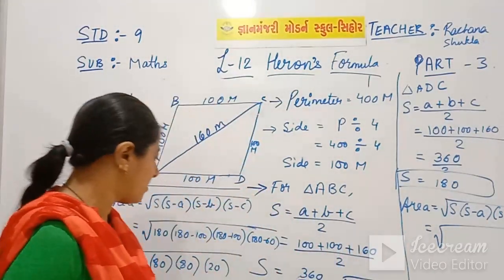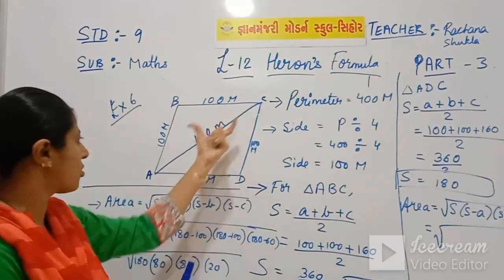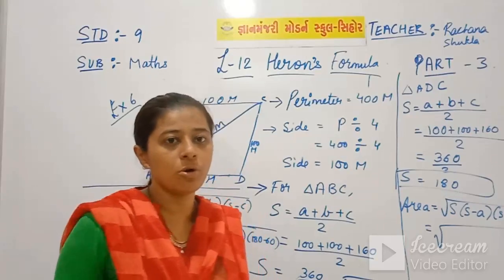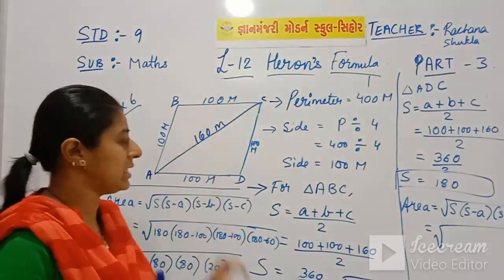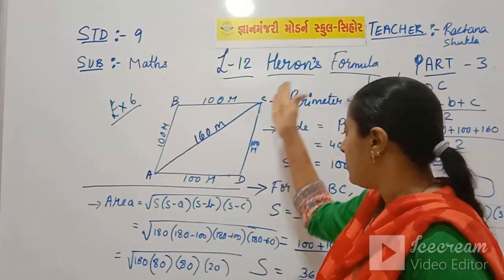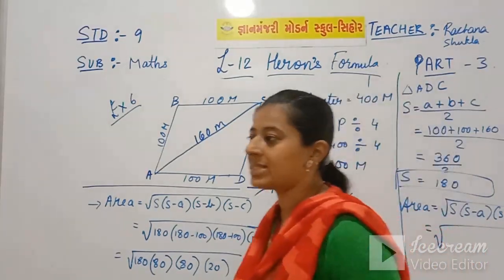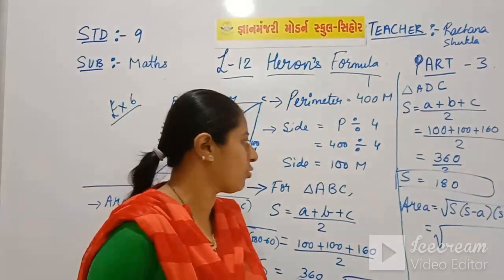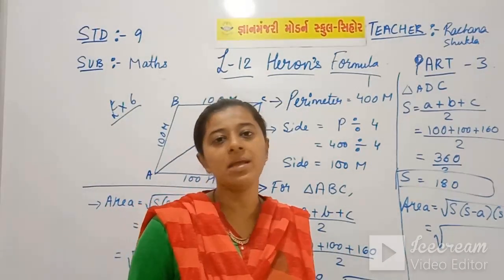You will get the same answer because this is a rhombus, and when a diagonal is passed through a rhombus, it divides the rhombus into two equal parts, that is two same triangles. So please note down your answer. You have to do this sum in your example book and find both the answers by yourself.